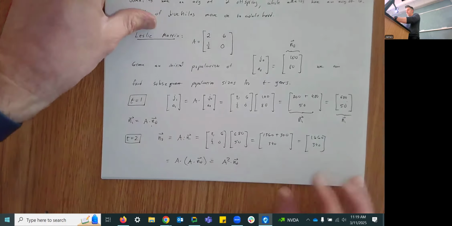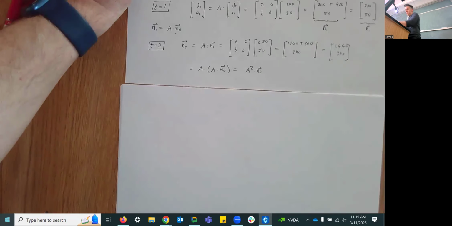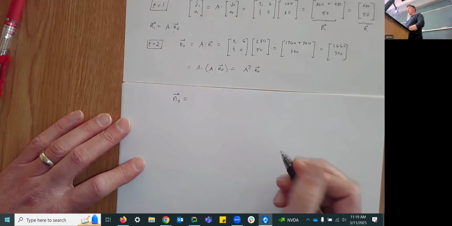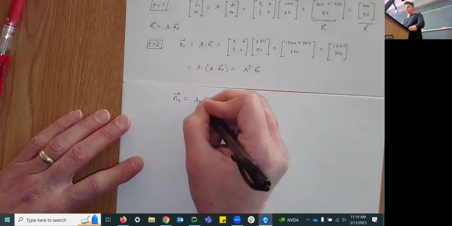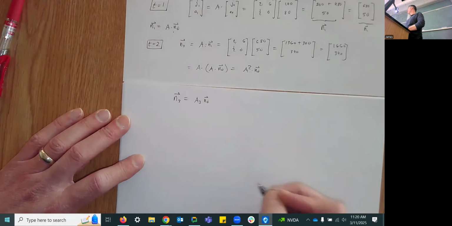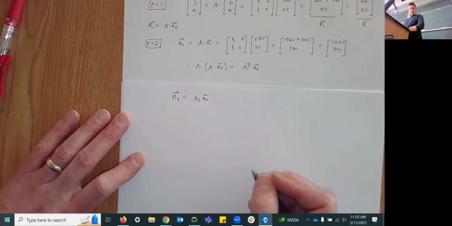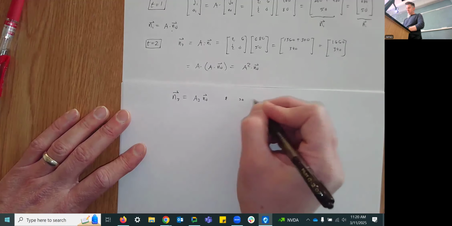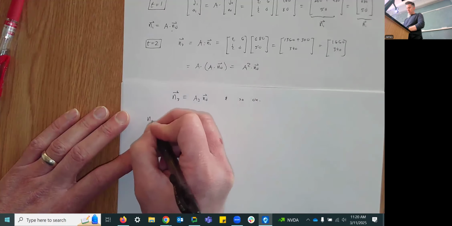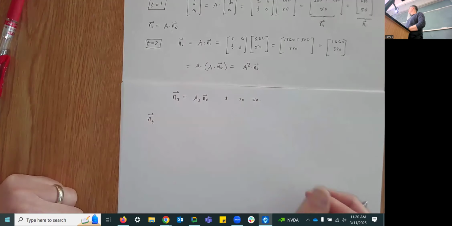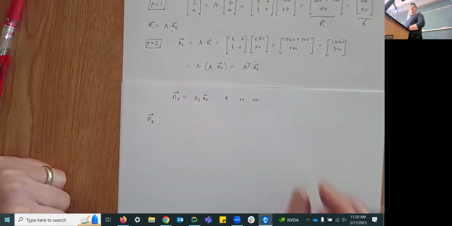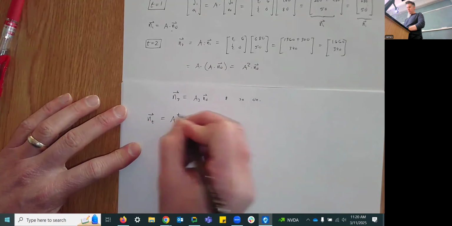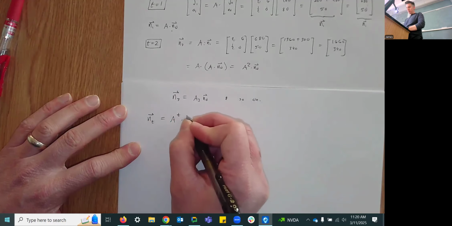For example, it seems reasonable to think that our n3 would be A cubed times n naught. And so on and so on and so on. So that we could say that nt, the population size after t years, is just going to be A raised to the tth power times the initial population vector.